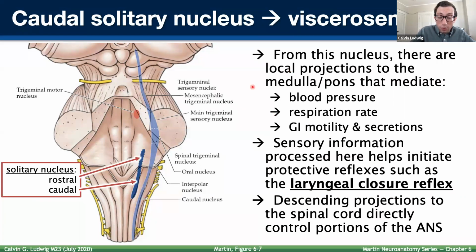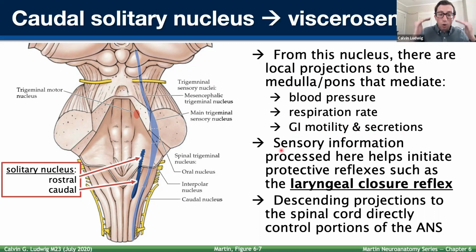From this nucleus, we're tracking along up on these various different pathways. From this caudal solitary nucleus, there are local projections to the medulla and the pons that mediate blood pressure, really important, respiratory rate, and GI motility and secretions.